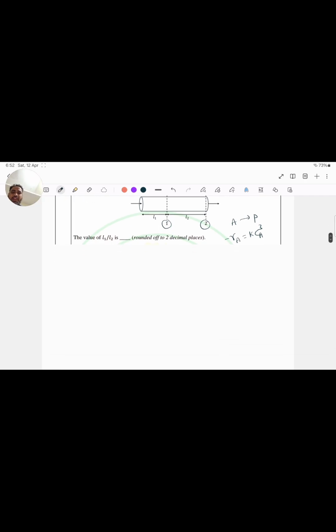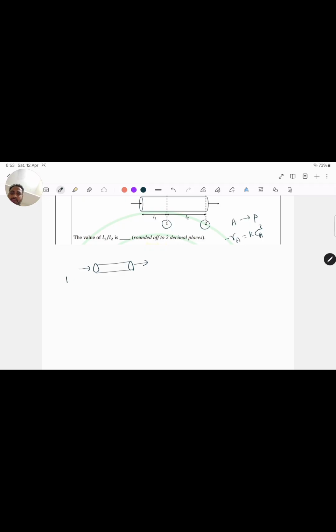So before entering into this PFR, we will see what is the performance equation for the PFR, plug flow reactor. So this is the flow into the reactor and flow out of the reactor.